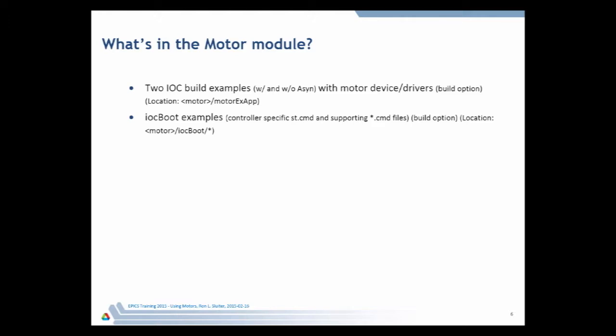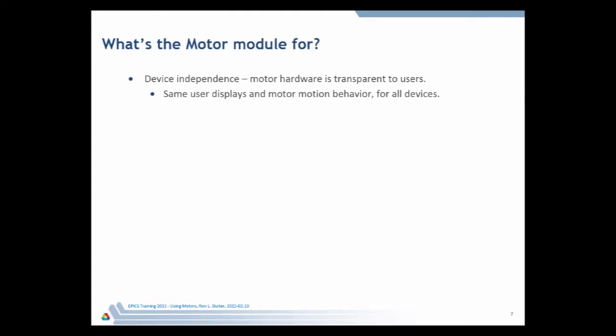By default those aren't built, but you can edit the top-level make file and include those examples in those IOC boot directories. Finally, there's a documentation directory that has release notes, the motor record HTML file, some device driver information, and the above document from Mark.